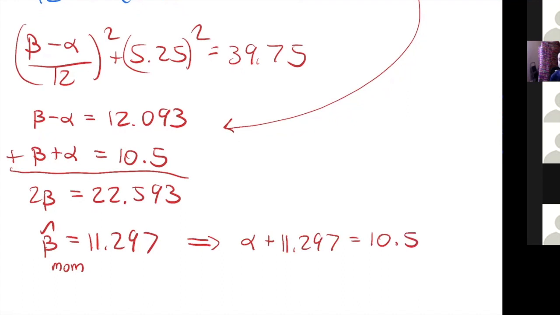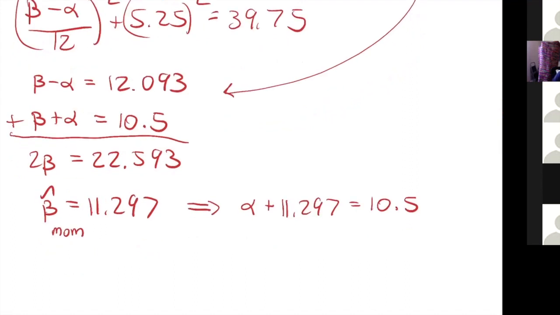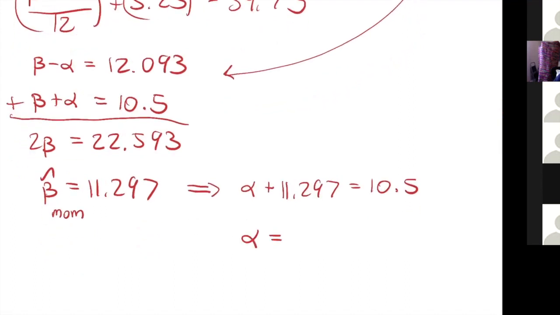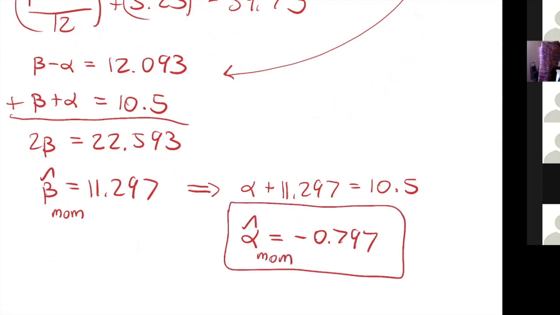Then I can plug that estimate for beta into the second equation, and I've got alpha plus 11.297 equal to 10.5. And then solving that for alpha, we get a negative value here for the parameter alpha.